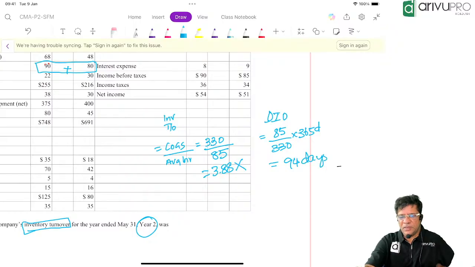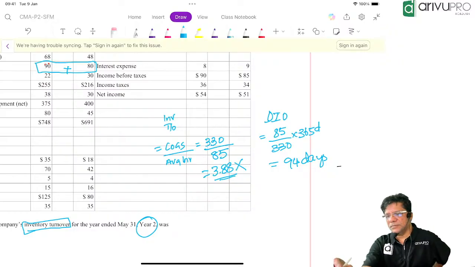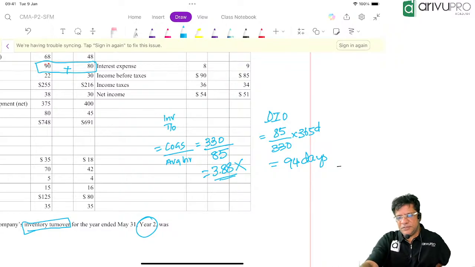Now, if you know 3.88, if you know the turnover, you can do other shortcut. What is that? Take calculator. 365 divided by 3.88. You should get 94. Check.